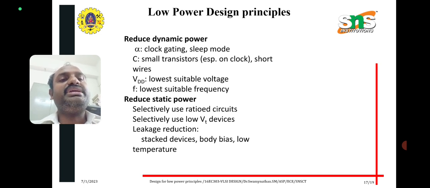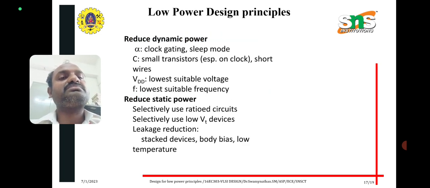VDD: the lowest suitable voltage, and F: the lowest suitable frequency. We already discussed alpha C VDD squared F, the dynamic power derivation. These are the things we need to consider to reduce dynamic power.